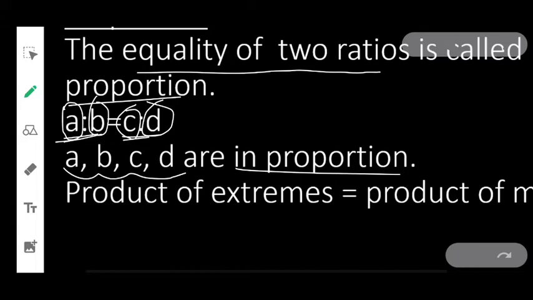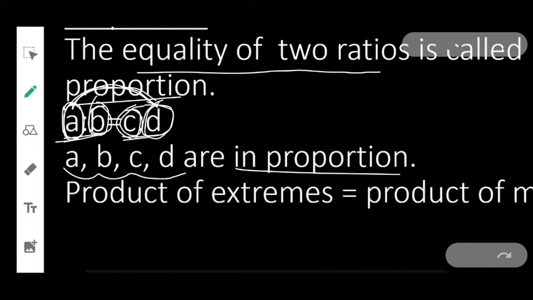The first term A and the fourth term D are called extremes. The second term and third term, that is B and C, are called means.